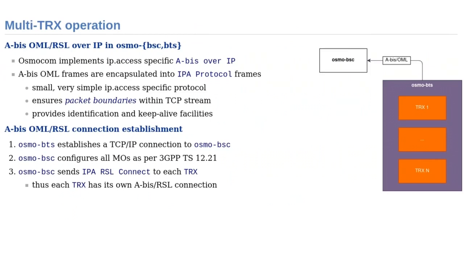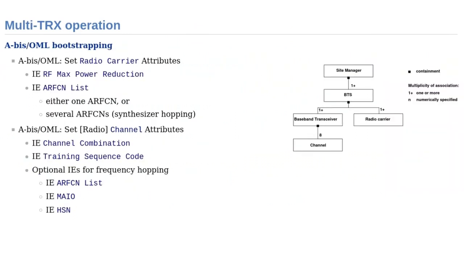So how exactly does it connect to the BSC? It first establishes the TCP/IP connection to the BSC, then the BSC configures all the managed objects in the BTS, like the ones mentioned in the previous slide: channel, BTS, radio carrier, and so on.